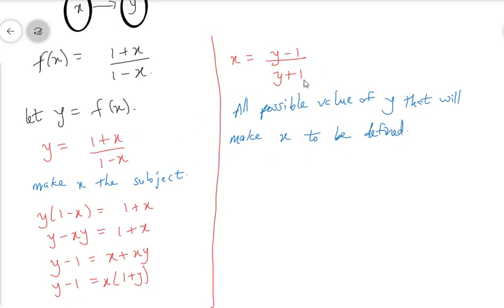Now for us to find the values of y that will make x defined, it's the same thing as we did when we were finding the domain of functions.